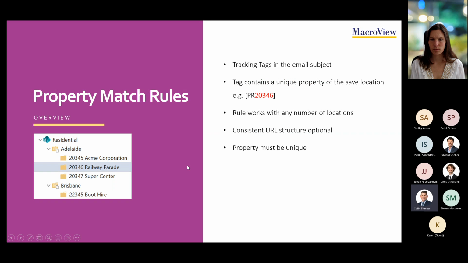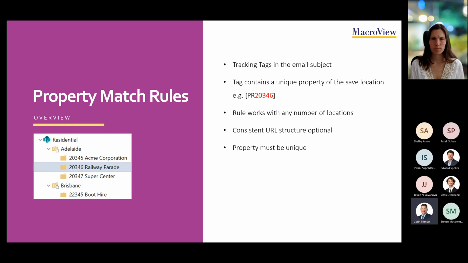The next type I want to talk about, and these are newer ones we've introduced, and they are becoming more and more popular, particularly because they can have nice short tags, are property match tags. Property match rules still rely on a tag in the subject of the email. The difference is that we're assuming that the number in that tag is unique.